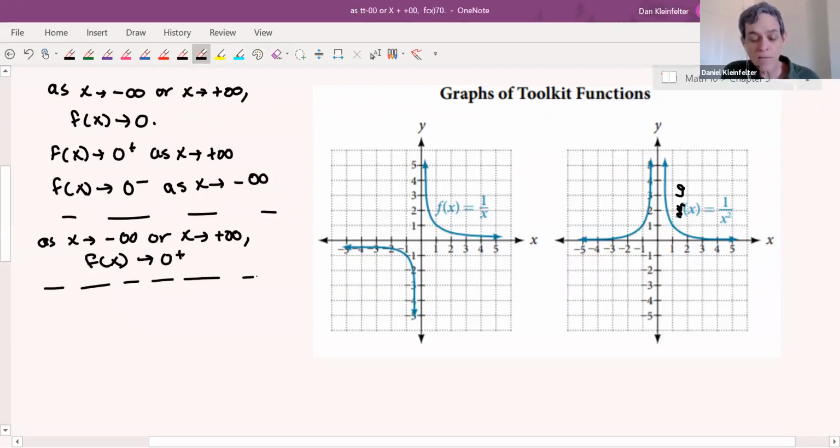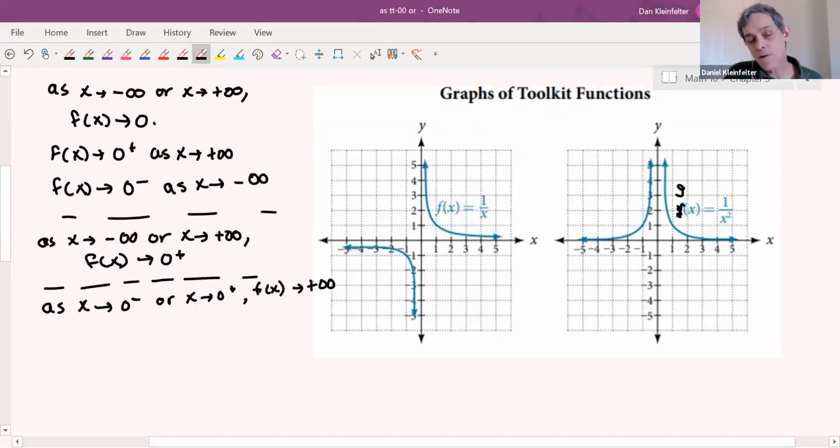Okay, you'll notice that both of these functions are discontinuous at the origin. There's a break in the graph there, so we have a way of talking about that as well. For g, we could say as x approaches 0 from the left side, or x approaches 0 from the right side, f of x is approaching positive infinity.